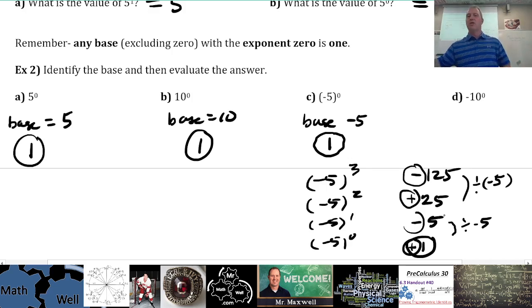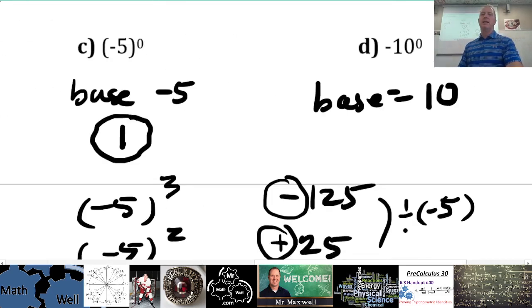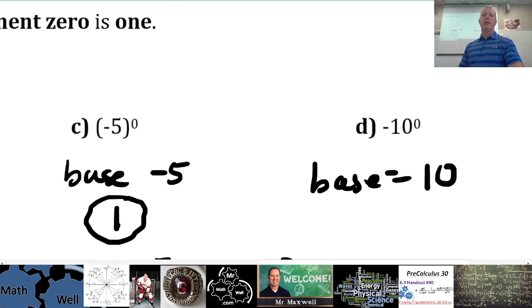Now, D is tricky. This last one on this side, D is tricky. Why? Because what is the base? +10. The base is +10 because, look at the comparison here. This one has brackets, including the negative sign, so that negative sign is part of the base.